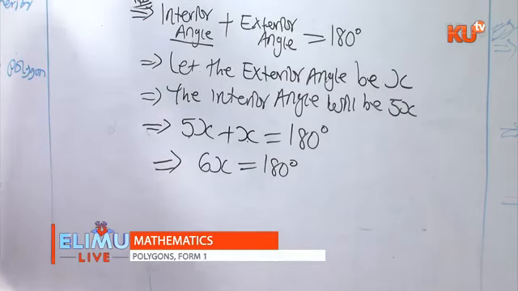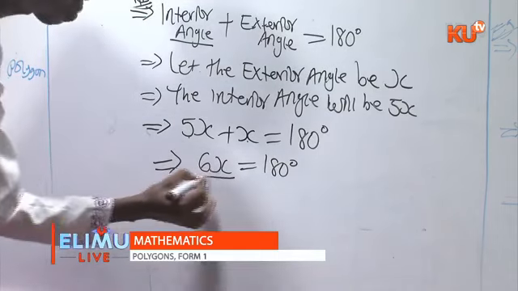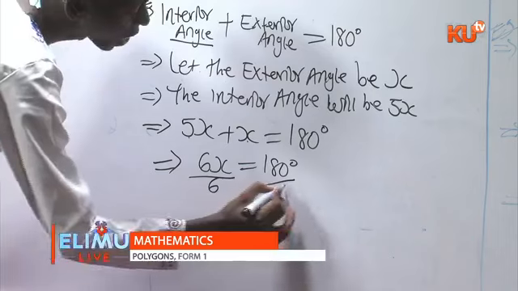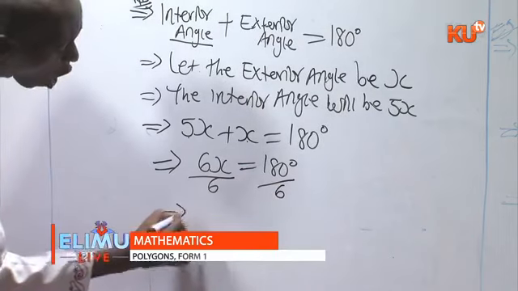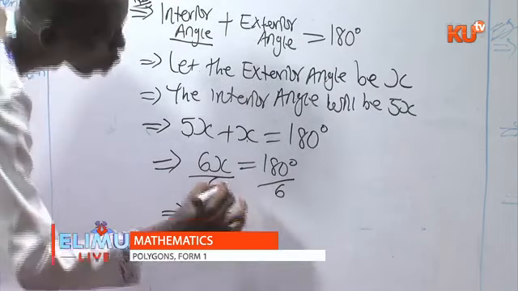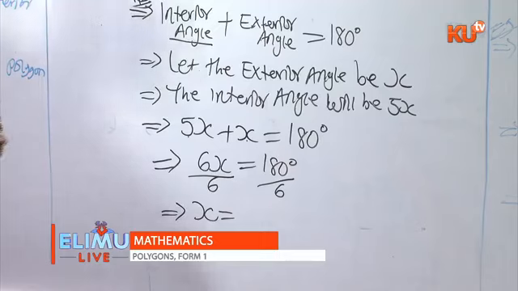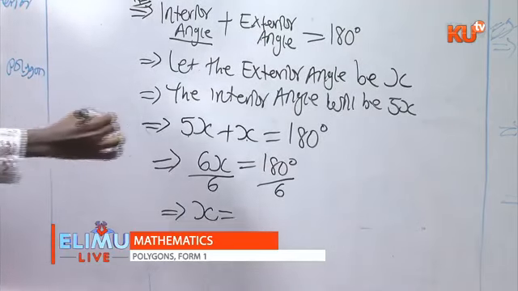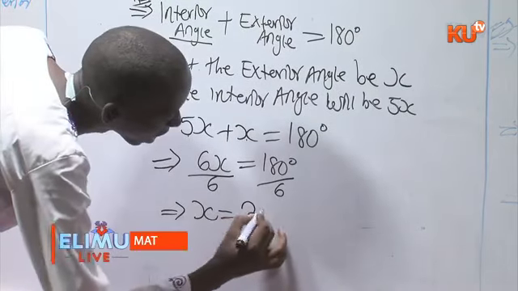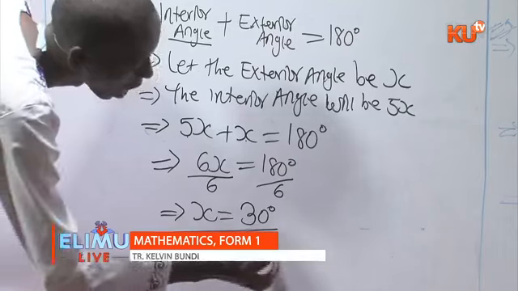For us to get x, we divide both sides by 6. And therefore, our x is equal to 180 degrees divided by 6, which is 30 degrees.